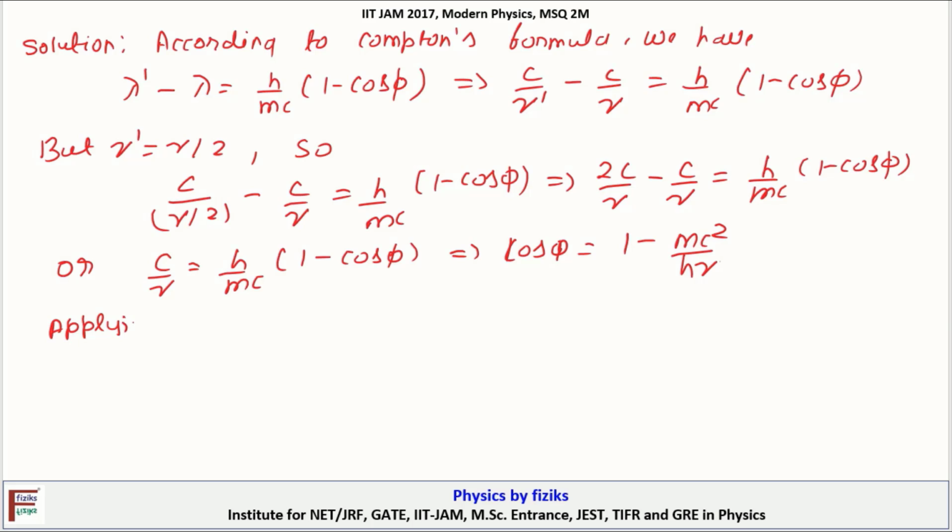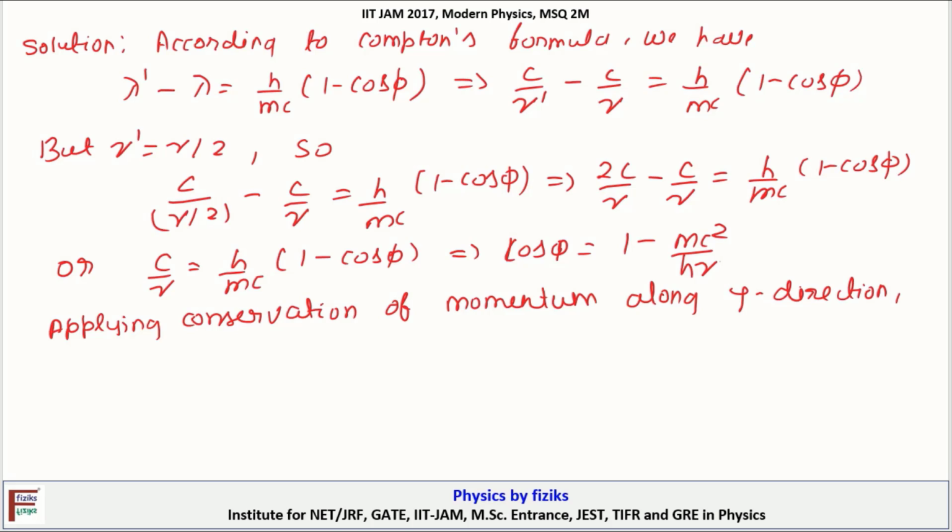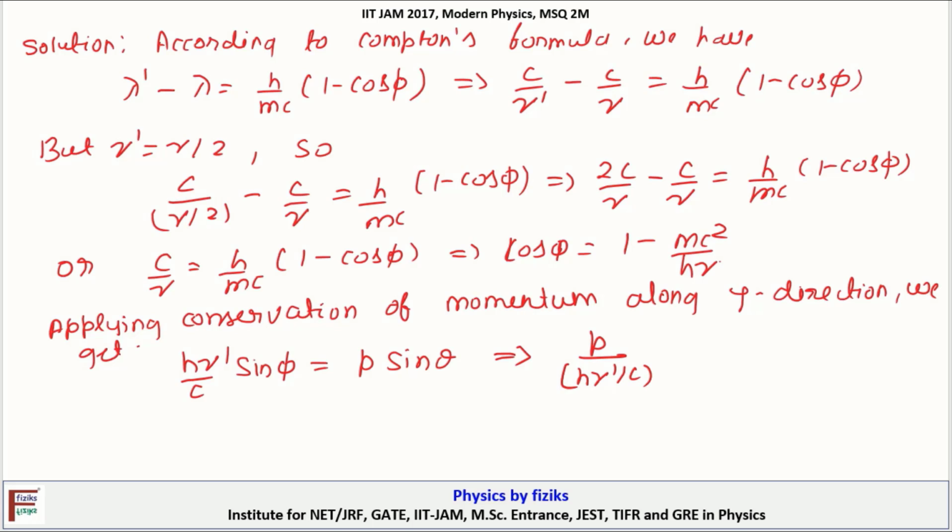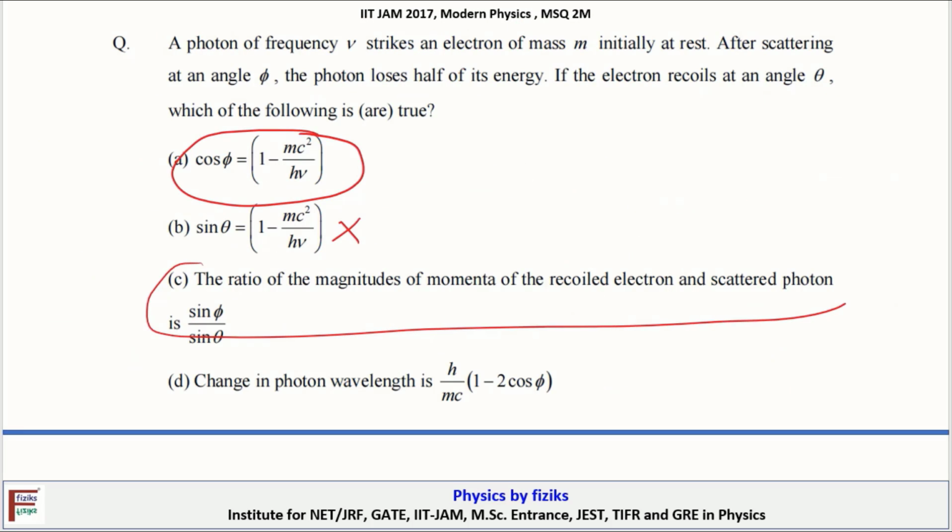Applying conservation of momentum along the y direction, we get h nu dash by c sin phi is equal to p sin theta, which implies p by (h nu dash by c) equals sin phi by sin theta. Thus, our option C is also correct.